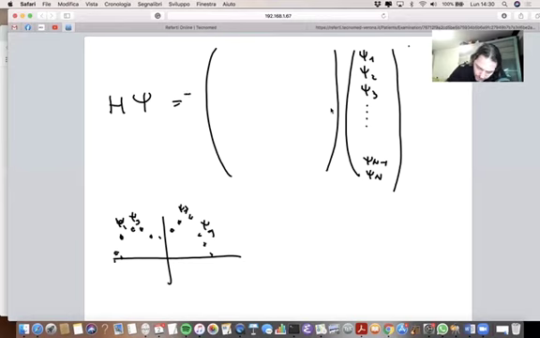Here is negative h bar squared over 2m delta x squared. Delta x is precisely this distance here. And now if I look, how does this matrix look like? I think you can convince yourself pretty straightforwardly that this is basically minus 2 on the diagonal.